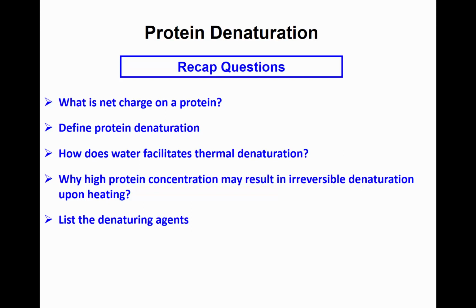Okay. How does water facilitate thermal denaturation? What happens when you have very low water concentration, a dry powder, versus protein in solution? Go ahead, Katie. When it's dry, it's more stable. Exactly.